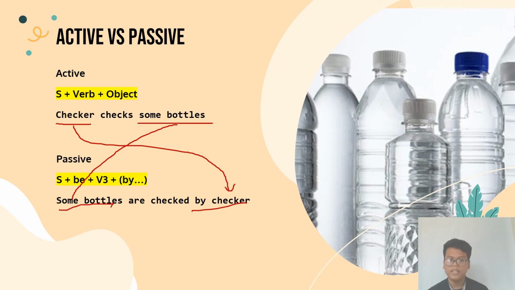Don't forget why we use are: in the active, checker is only he or it, but we focus on the subject of the passive voice. Some bottles is plural, that's why we use are. Okay, we go to the next.